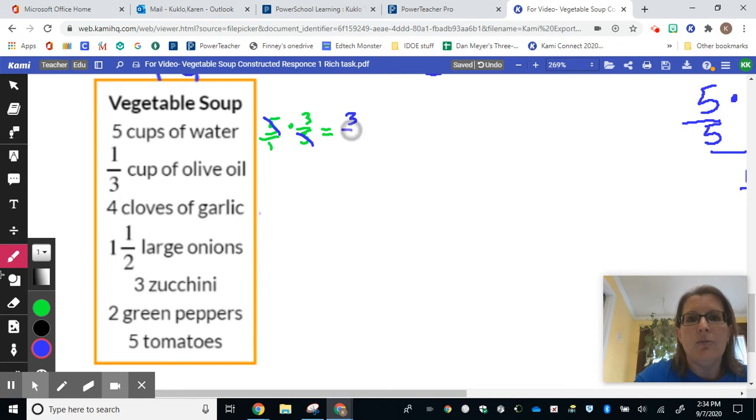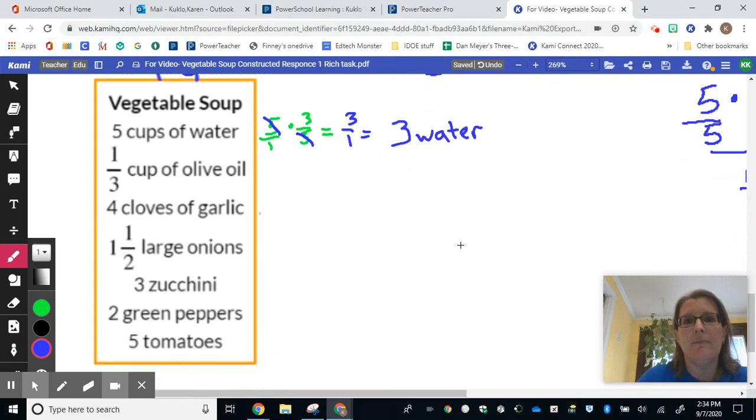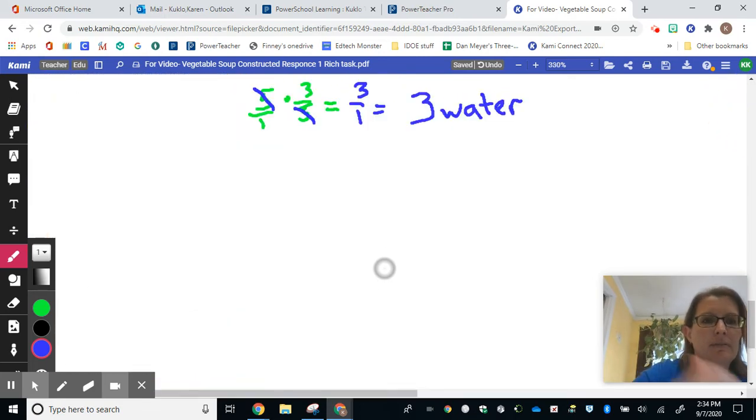So then I will get 3/1, which is 3. I'm going to need to add 3 cups of water, which makes sense. If my original recipe for 5 people took 5 cups of water, my new recipe for 3 people takes 3 cups of water.